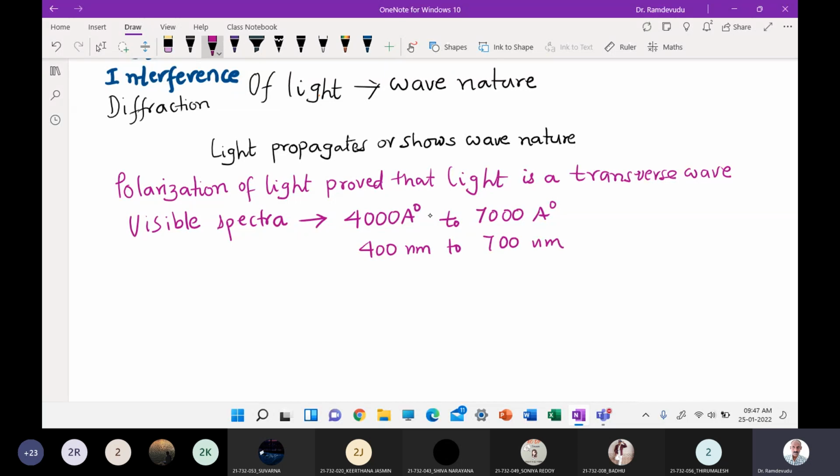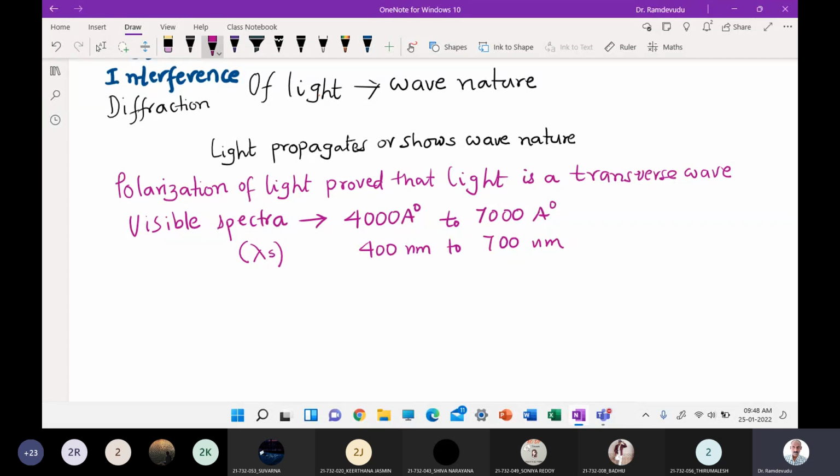But there are light waves having wavelengths below 400 and much above 700. Thereby we have the waves that are showing transverse nature. We call them the electromagnetic spectrum.